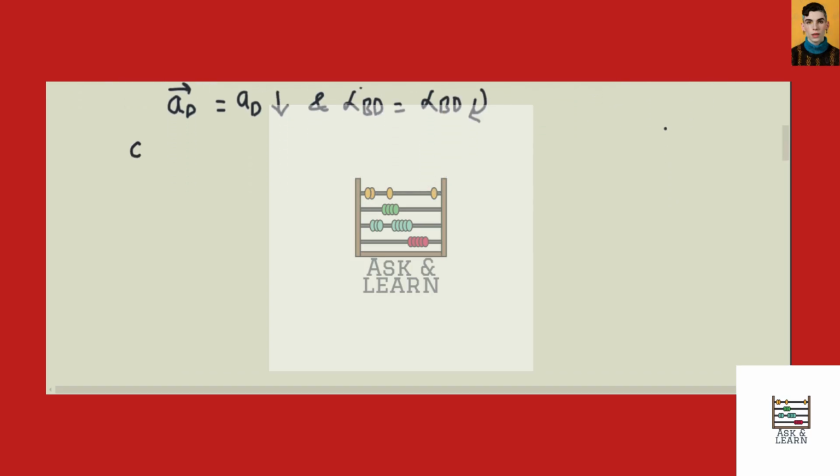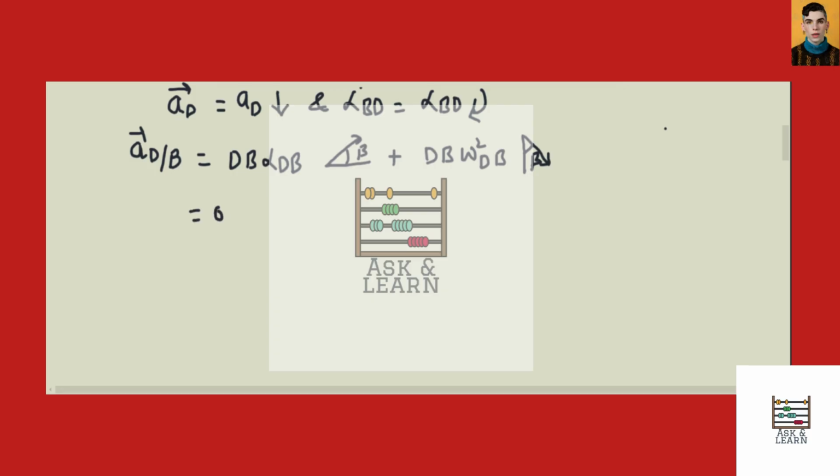Now we can find acceleration of D point with respect to B point, acceleration of B plus acceleration of D with respect to B. So alpha BD into BD in the direction this, plus BD omega square BD in this direction.